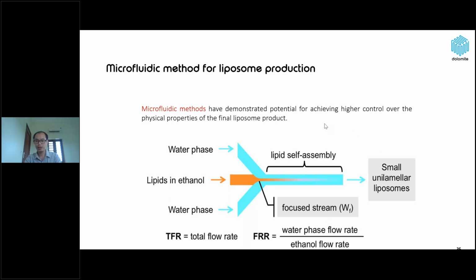The lipid self-assembly will occur in the mixing stage of the microfluidic chip, and it can generate small unilamellar liposomes. For liposome particle size control, we also control by changing the flow rate ratio between the water phase flow rate and the ethanol flow rate.